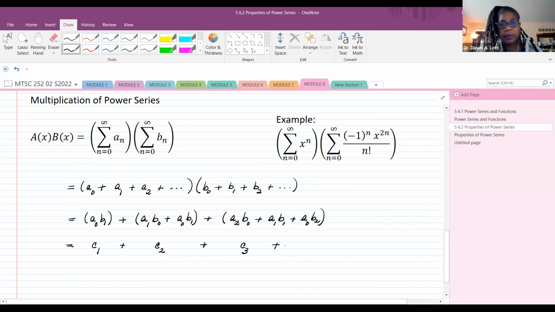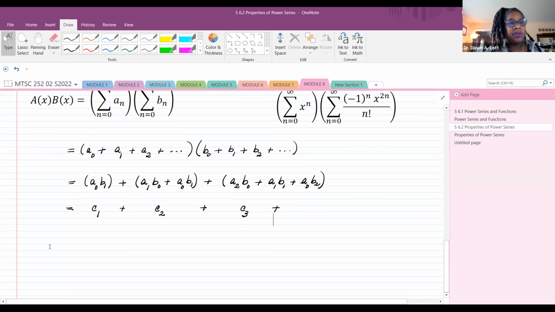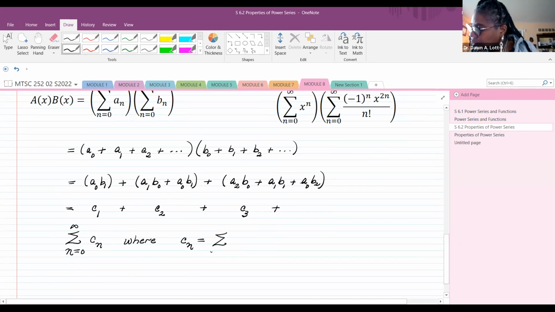So we get another series when we multiply it out. And this turns out to be the sum n equals 0 to infinity of Cn, where each Cn itself is a sum. So it's the sum k equals 0 to n of ak times bk minus 1.